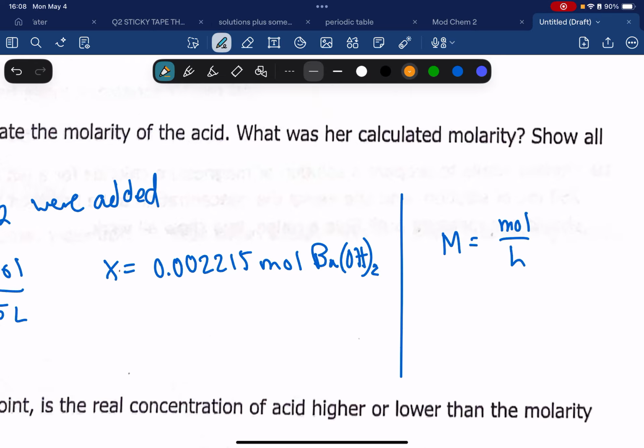Since we said that this was a 1-to-1 mole ratio between the barium hydroxide and the sulfuric acid, I now also know how many moles of acid were present in the flask. And now I can just divide that by the liters of acid that were in the flask, and that should give me the molarity of the acid.